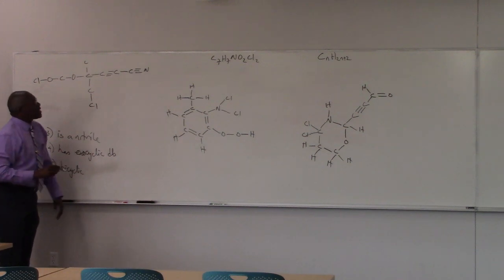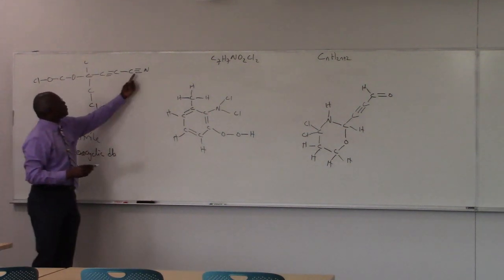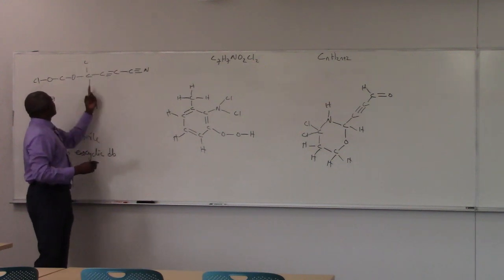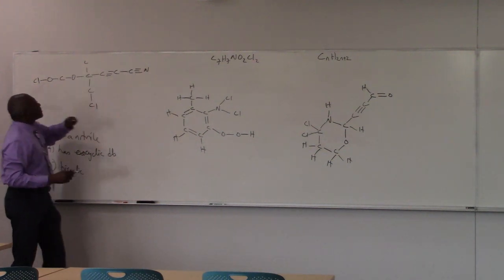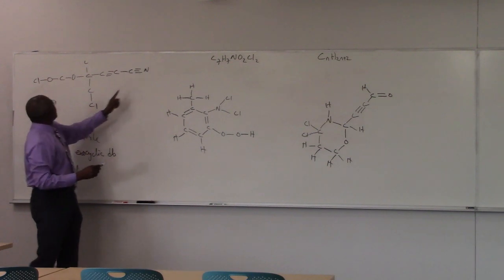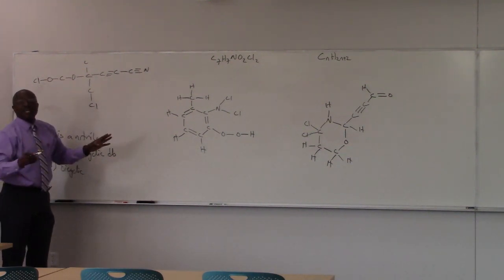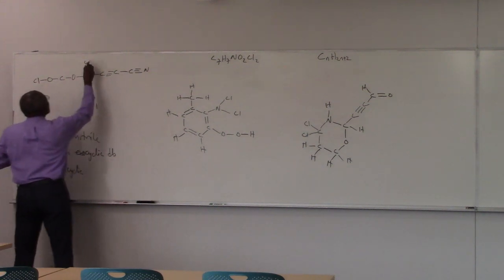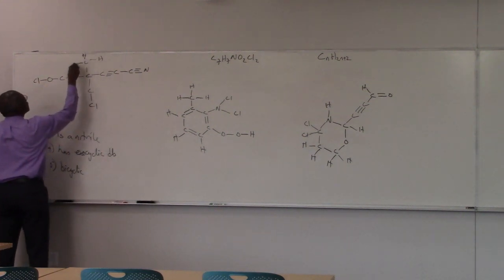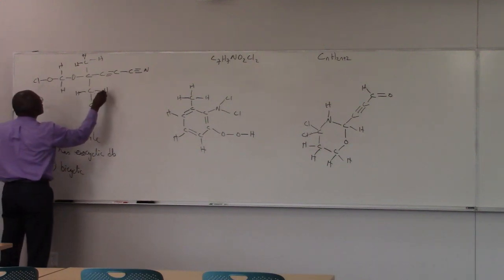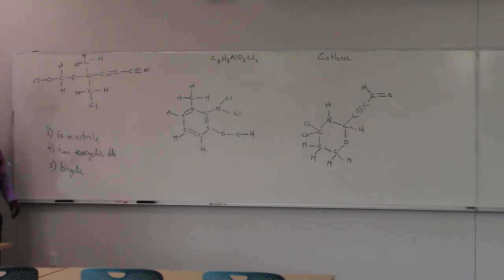So if I do that, I've taken care of my 4 HDIs, my 7 carbons, my lone N, both O's and both Cl's. At this point, it's just H's now. So I have 1, 2, 3, 4, 5, 6, 7, and we are done.